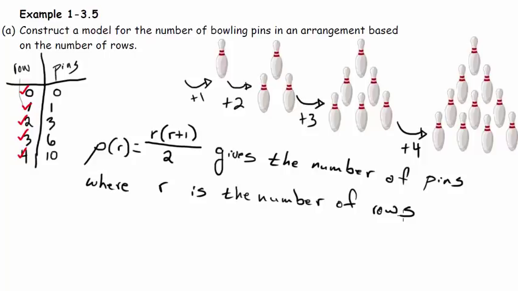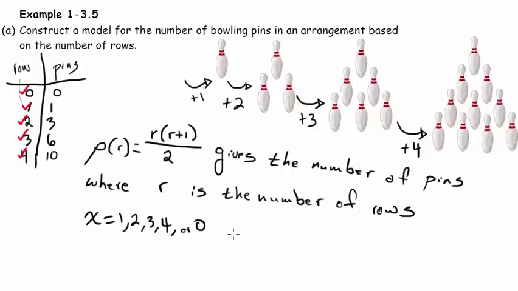Now this domain, it might even be easy just to list the domain. Do you see that there are only 5 values in my domain? 0, 1, 2, 3, and 4. So one way might be to list them. You could say X is 0, 1, 2, 3, 4.